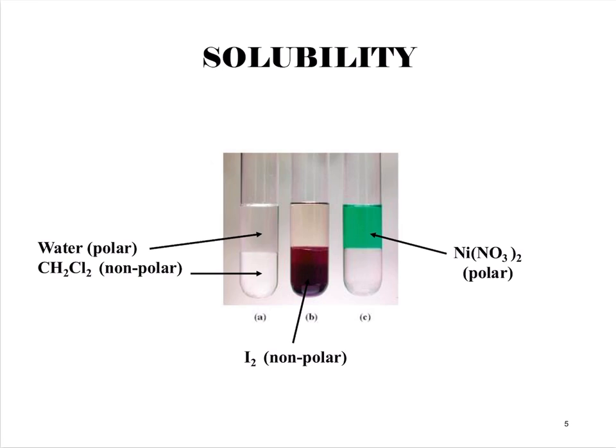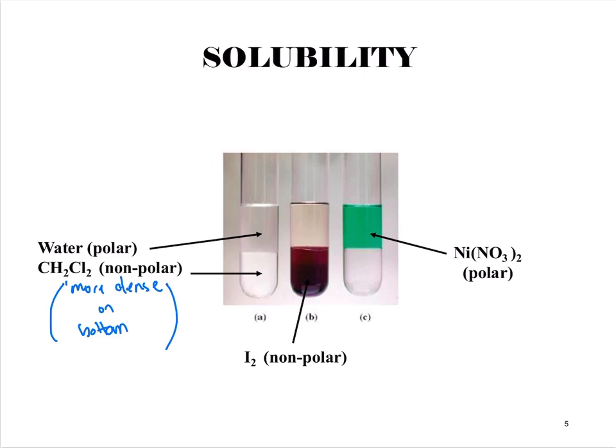Yeah, the more dense thing is going to be on the bottom. So this is going to be more dense on the bottom in this case. And you can always determine which is the more dense liquid based off of where it is, if they separate, right?